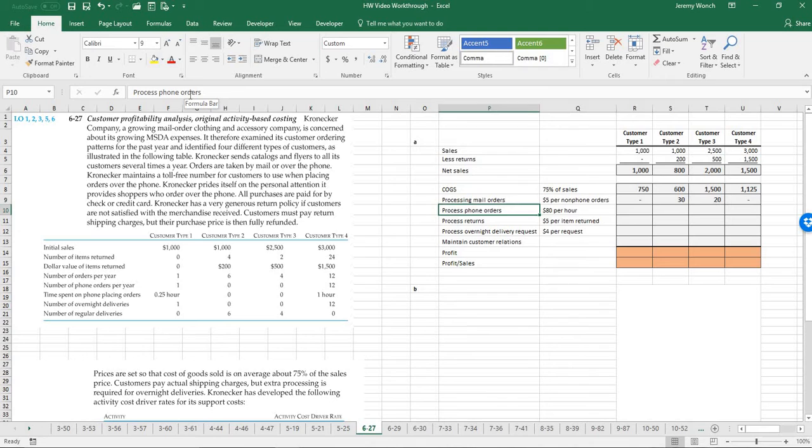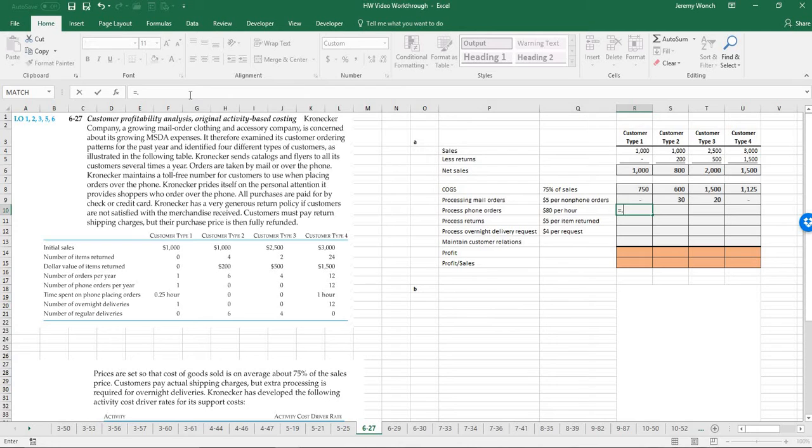Now we want to process the phone orders, which is $80 per hour. Customer 1 spends a quarter of an hour on the phone. Drag that across to get our formula.